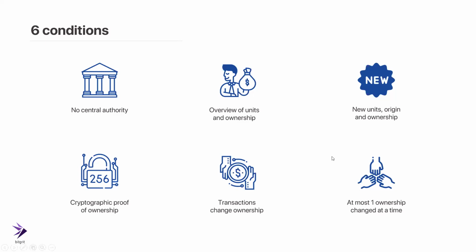And if two different instructions for changing the ownership of the same cryptographic units are simultaneously entered, suppose three people simultaneously say, "Hey, I'm the owner. I'm the owner. I'm the owner." The system will perform at most one of them.